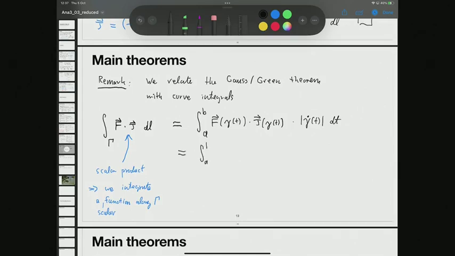So we integrate from a to b, still the vector field f at gamma t. And what's the outer unit tangent? You remember it was the tangent, but we normalized it. So we divided it by the speed. And again, we have got this other speed factor here, because it's a curve integral of a function.